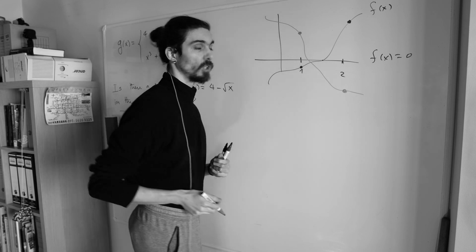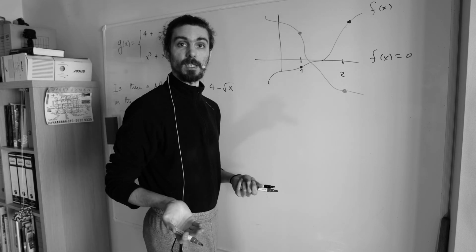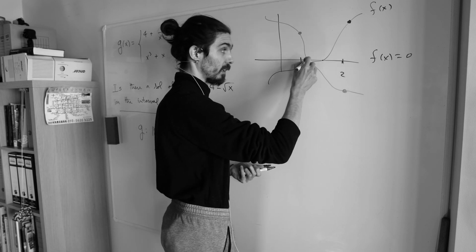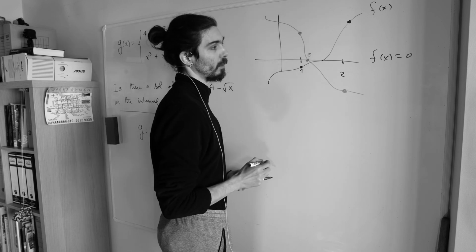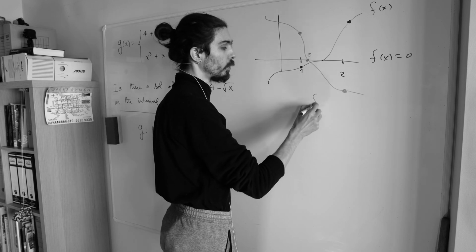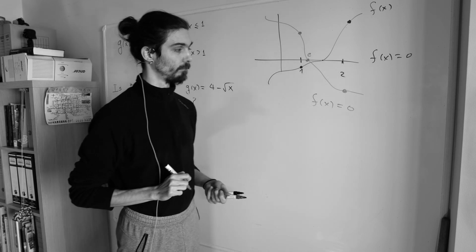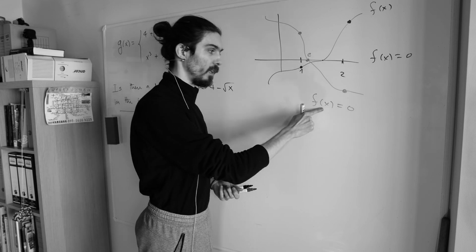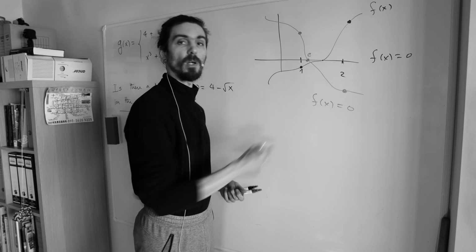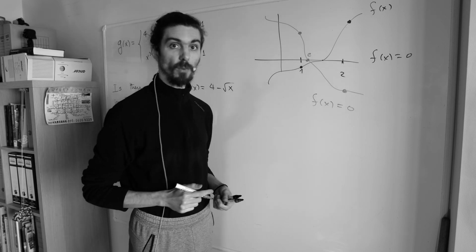The function is continuous, and so it must cross the horizontal axis somewhere. But at the crossing point, let's call it C, for example, C is a solution of this equation. So if you grab this C and substitute it here, the left-hand side is going to be equal to the right-hand side.